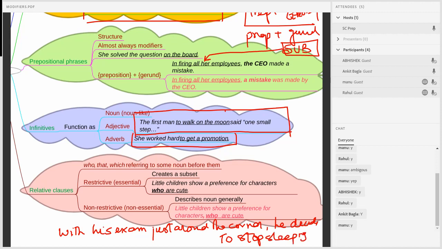Take a second, check. Does this match the kind of pattern you're thinking about? Right? So this is slightly different. I don't care whether you call it an absolute phrase or a prepositional phrase, but the point is this is with plus noun plus modifier.